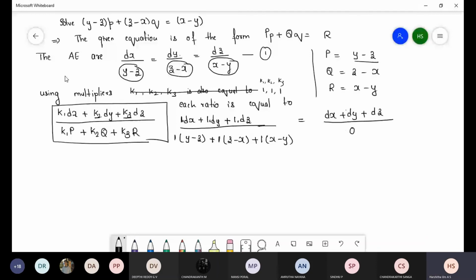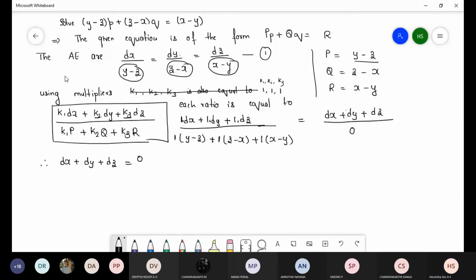Therefore dx plus dy plus dz is equal to 0. Cross multiply is equal to 0.